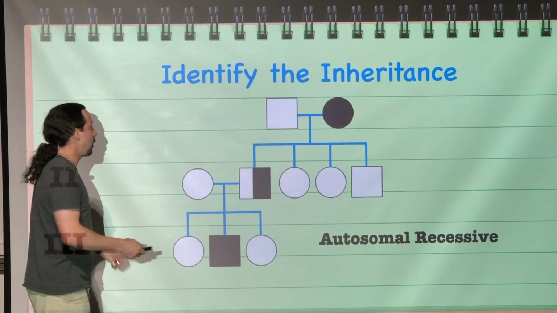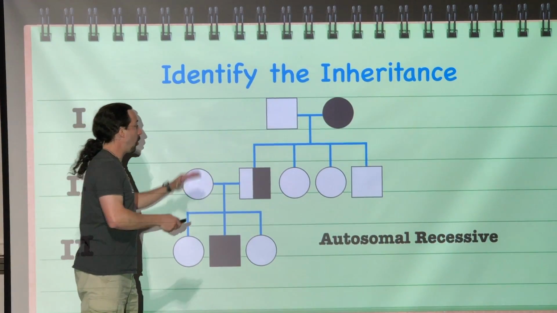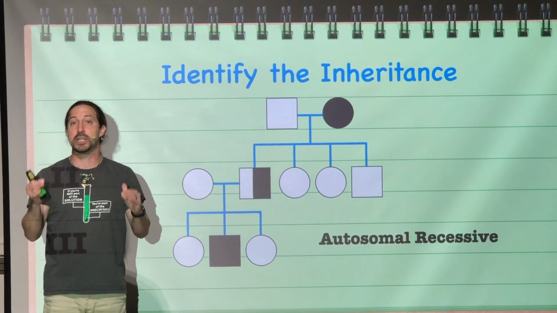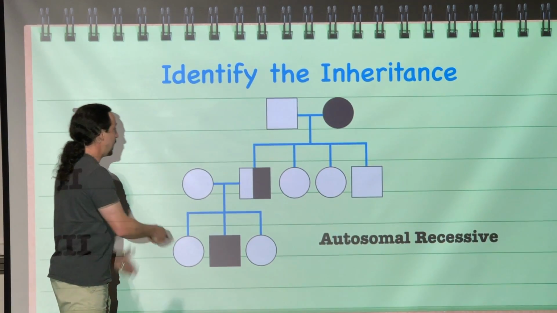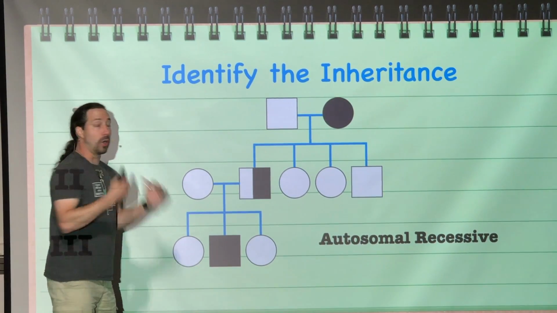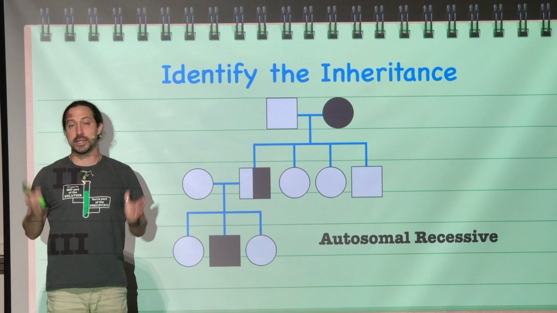But if it was sex-linked, that means her male offspring would have had to express the trait, and they don't. Individuals 2-2 and 2-5 don't express the trait, so it couldn't be X-linked.